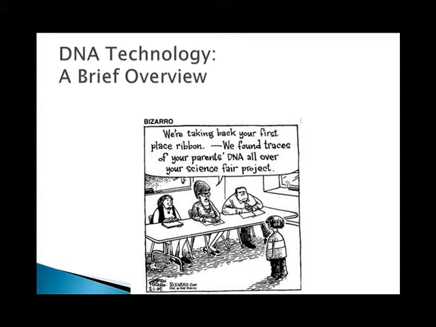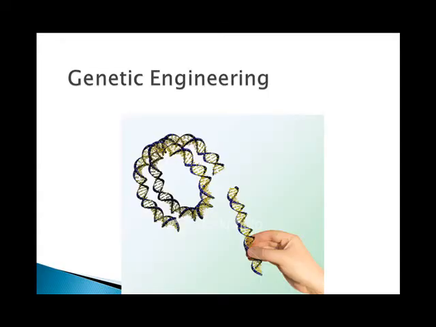One of the main things that we do with DNA technology is genetic engineering. This means that we're transferring a gene segment, which is a segment of DNA, from one organism to another. We use that in farming and in pharmaceuticals. We make drugs using bacteria that are genetically modified.